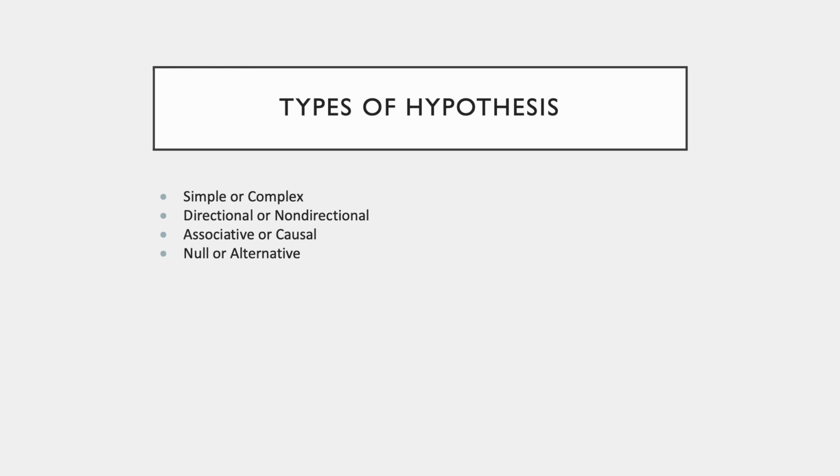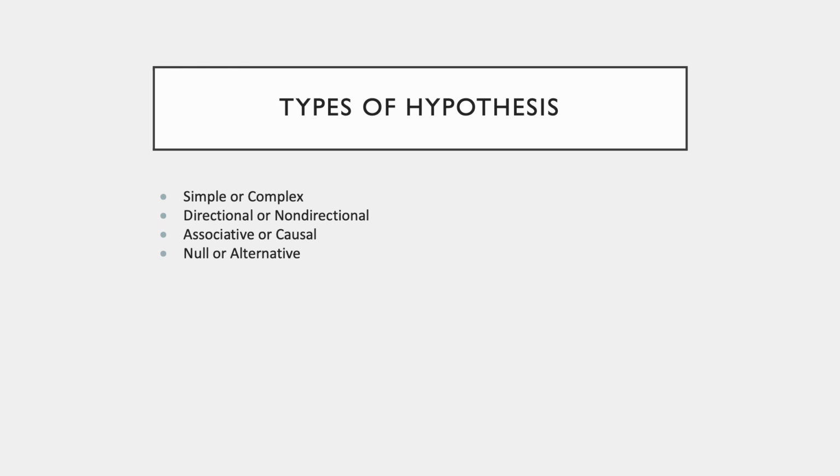There are 4 different types of hypotheses: simple or complex, directional or non-directional, associative or causal, and null or alternative. A simple hypothesis shows a relationship, positive or negative, between an independent and a dependent variable. A complex hypothesis shows a relationship between multiple independent and dependent variables.